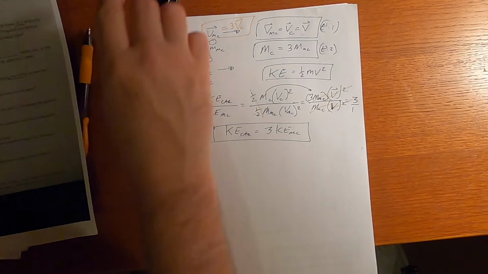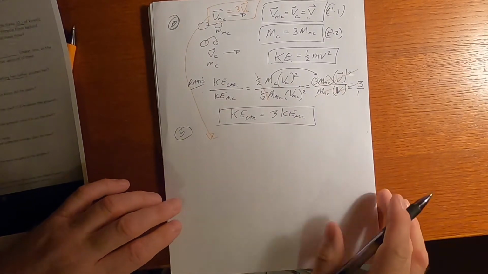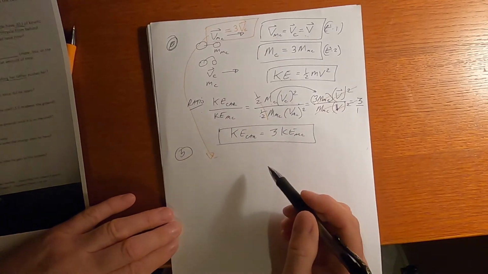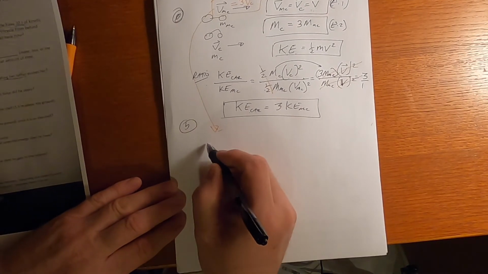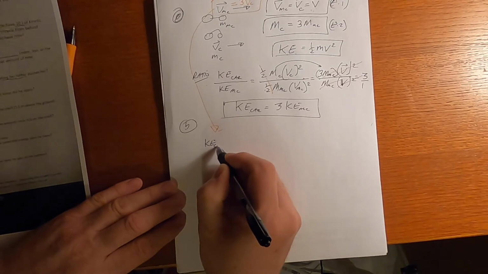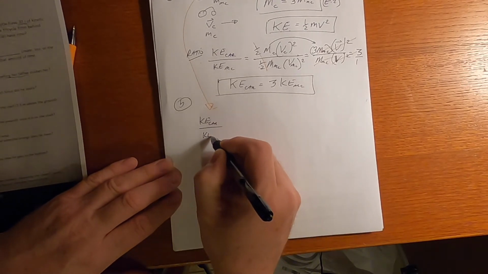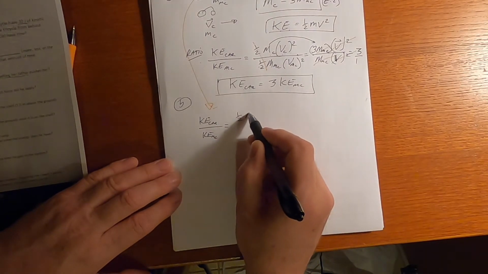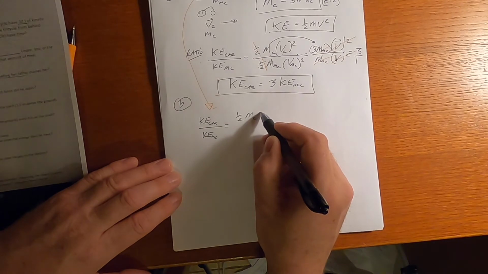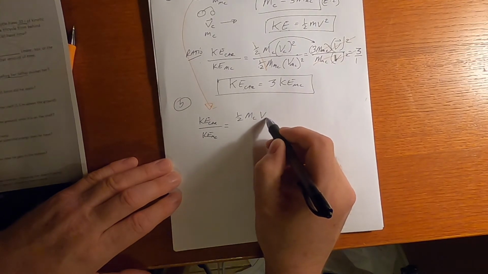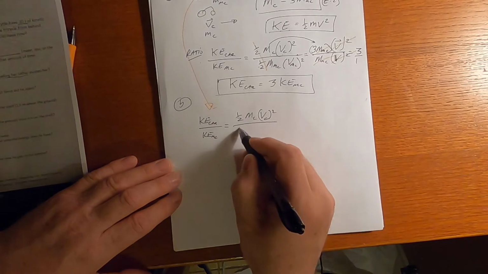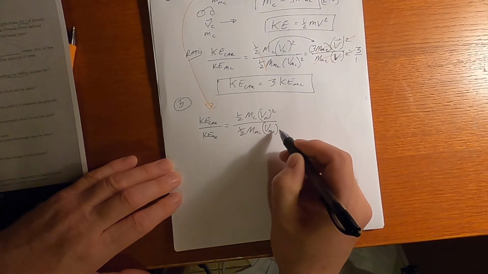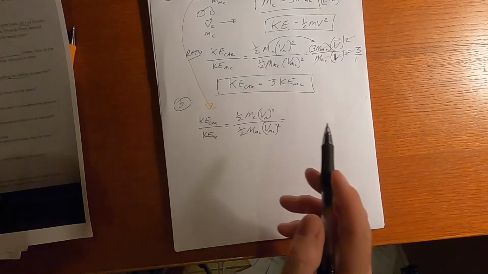So we have to realize that the mass of the motorcycle didn't change, and the mass of the car didn't change. So again, we're going to our ratio. Kinetic energy of car over kinetic energy of motorcycle equals 1/2 the mass of the car, the velocity of the car squared, over 1/2 the mass of the motorcycle, velocity of motorcycle squared. There's your equation from your kinetic energy equation.